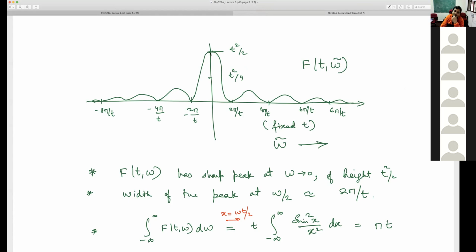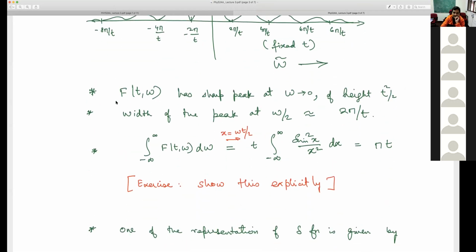And t square by 2 is the maxima, the top, and the width of the central peak would be roughly 2 pi by t. So that is another point.